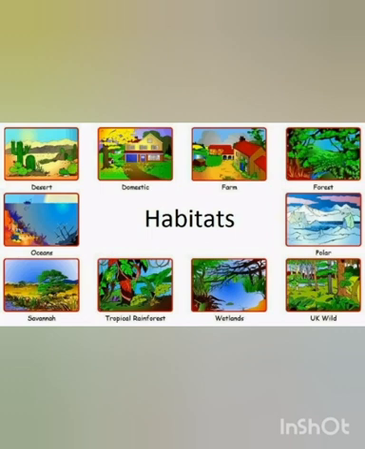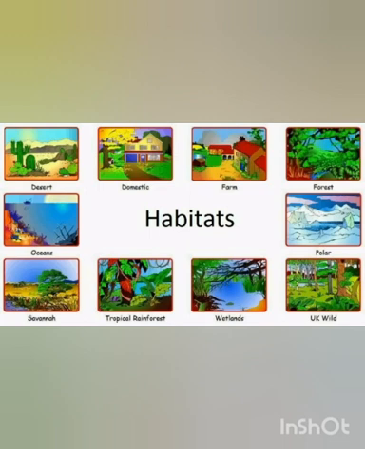Similarly, the monkey's habitat is forest and the monkey's home is its trees. Okay. So there are different types of habitats on the earth. They are forests, deserts, polar regions, that is the cold regions, mountains, oceans, and freshwater lakes, ponds, and rivers.